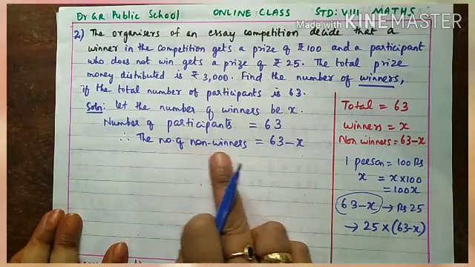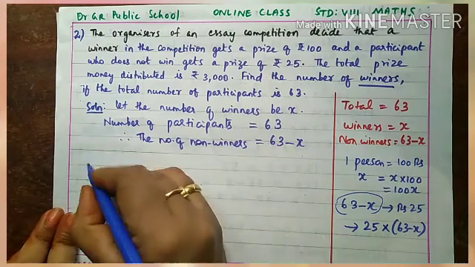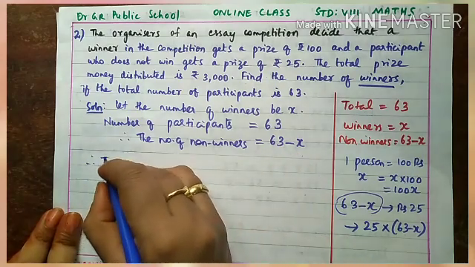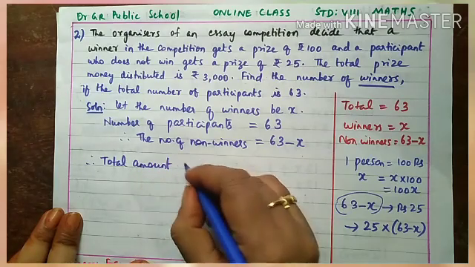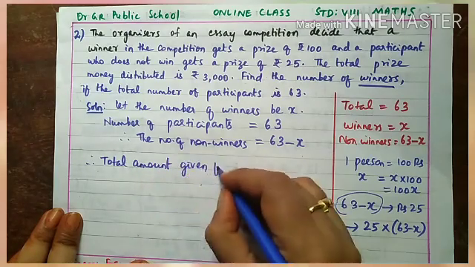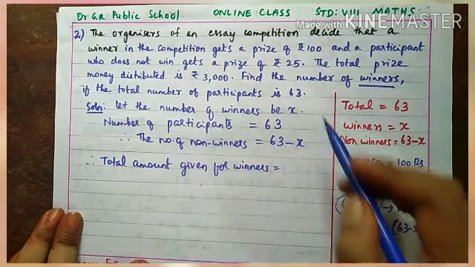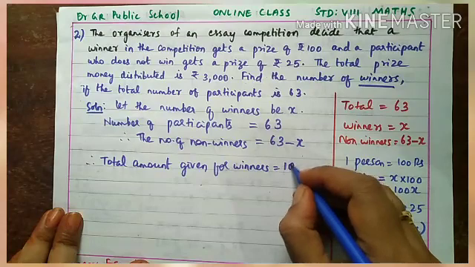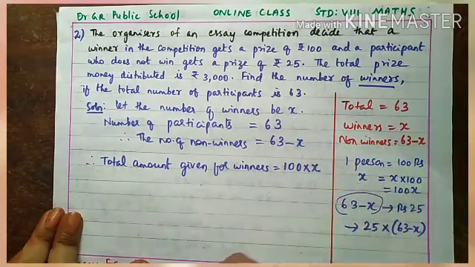The number of non-winners I have written as 63 minus x. Therefore, write the step properly. Total amount given for winners is equal to, what do you want to do? Winner money 100, you want to multiply by the total number of winners, that is x.